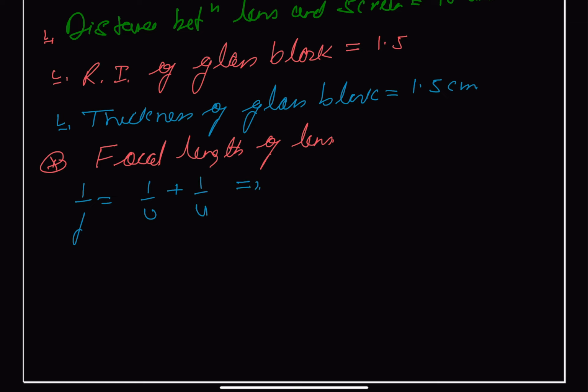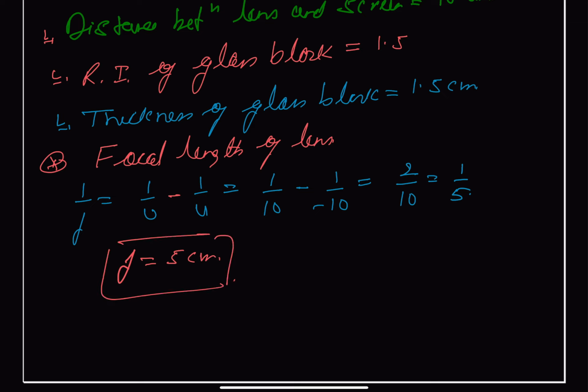We substitute the values and we get this as 1 upon 10 plus 1 upon 10, which comes as 2 by 10, which equals 1 by 5. This gives us that focal length f is equal to 5 centimeters.